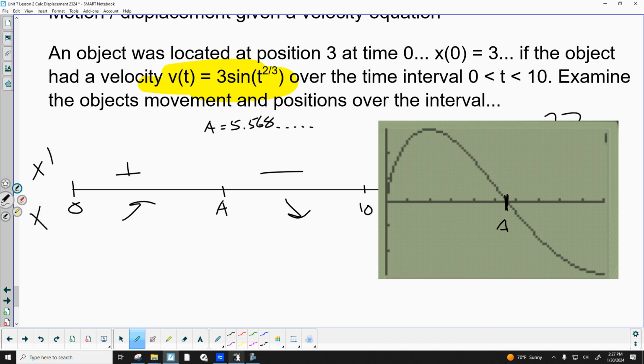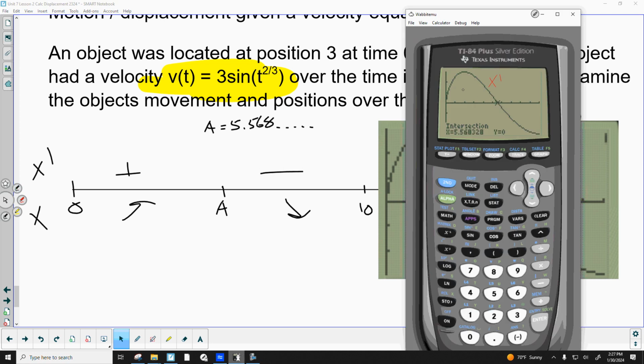Okay. Now, watch and learn this very helpful technique. Since you found an intersection, you have a value stored for X. Go to your home screen, second quit, press X, press enter. The number you just found is stored as X. Let's change that to A. Ready?